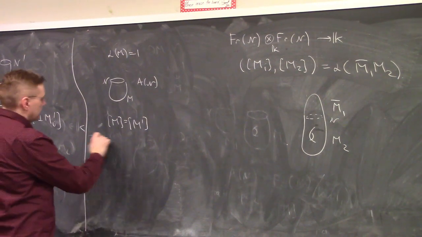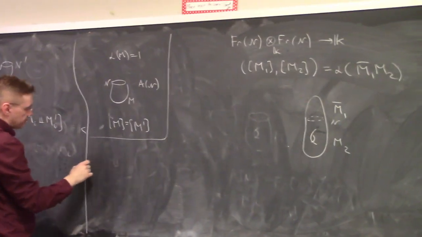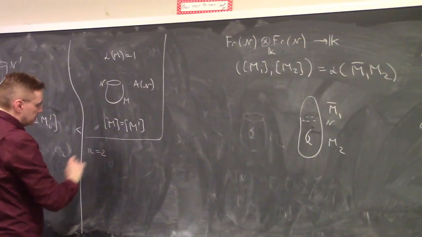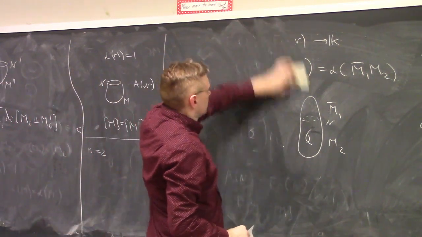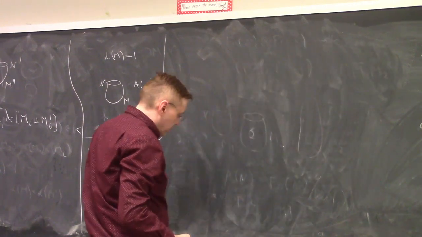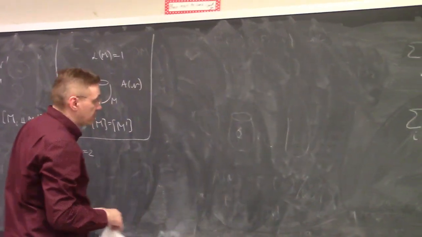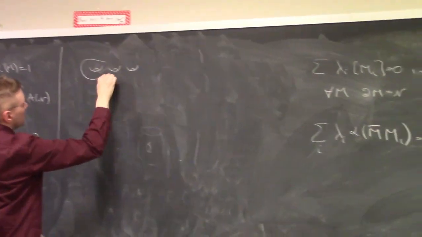So let us look at something more complicated. Let us work in the case of surfaces, so we're in 2 dimensions. When we are in dimension 2, we can explicitly describe all closed n-manifolds. Again, we restrict to orientable manifolds.